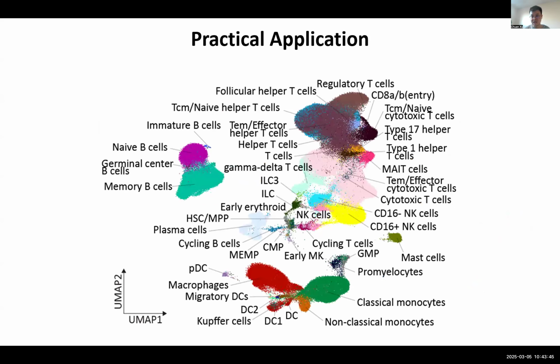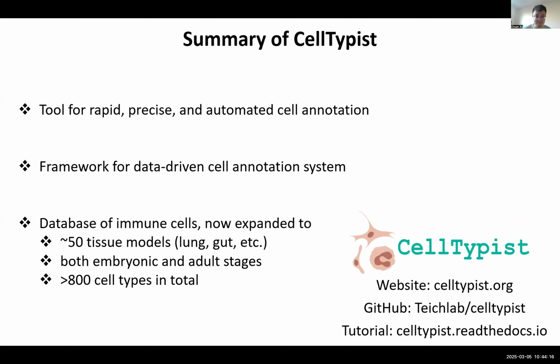And using CellTypist, we can annotate this dataset into detailed immune subpopulations, including T, B, and myeloid cell compartments, and their detailed effector and effector phenotypes. So, based on this, we anticipate that the application of CellTypist will be most useful when a large degree of heterogeneity is found in your data of interest.